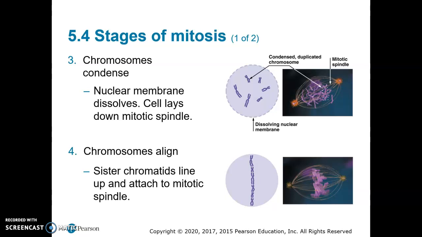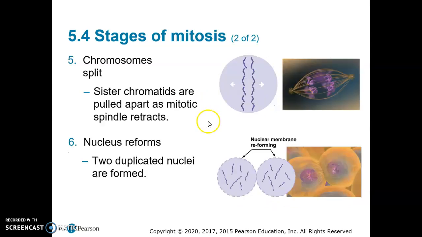One chromosome I've darkened with ink, so you can consider that one came from your mom and its other chromosome came from your dad, same size, same shape, making up the pair. The darker one comes from one parent, the light one from the other. When you're done, you should end up with 2 cells that are genetically identical to each other. They should have a dark number 1 and a light number 1, a dark number 2 and a light number 2, and your 2 cells should be identical to each other.